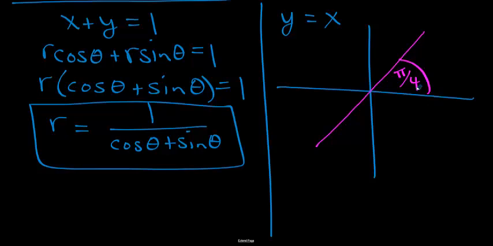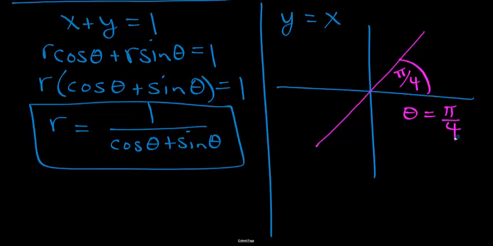Now, let's think about this concept. If you were going to graph something like y equals 3, what is that? It's just a horizontal line, right? You notice it doesn't have an x in it. That's because y equals 3 doesn't care what x does. It's just a horizontal line. Well, the same type of thing applies in polar, where we could say theta equals pi over 4.